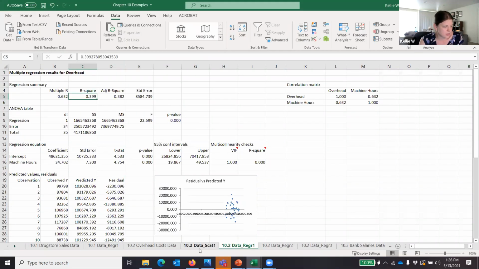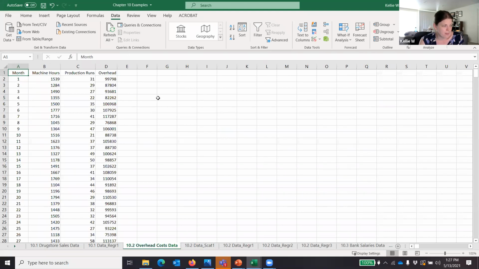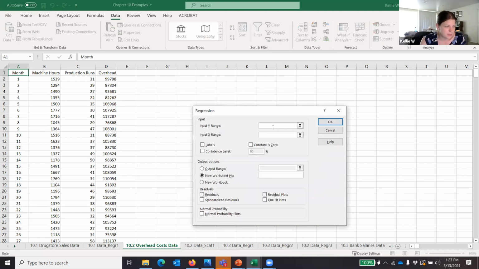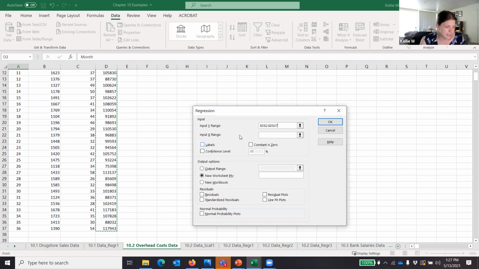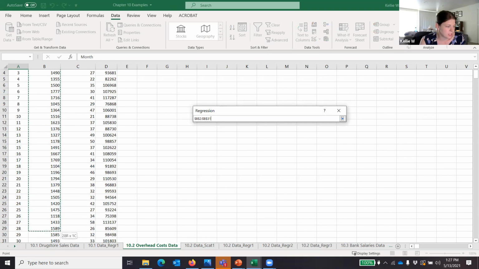So once again, to run these, you go to your data, then data on the ribbon tab, data analysis. We're running regression. Our Y in this case is overhead, so we select the overhead data. And then we're doing either machine hours or production runs.